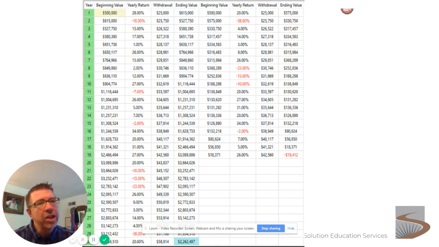So during the accumulation phase, I don't have the sequence of return risk; I actually benefit during that bad time by buying more shares. But during the distribution phase in retirement, during a down market, I'm selling more shares than I thought I would need to, and ultimately the recovery isn't able to benefit all of those shares.